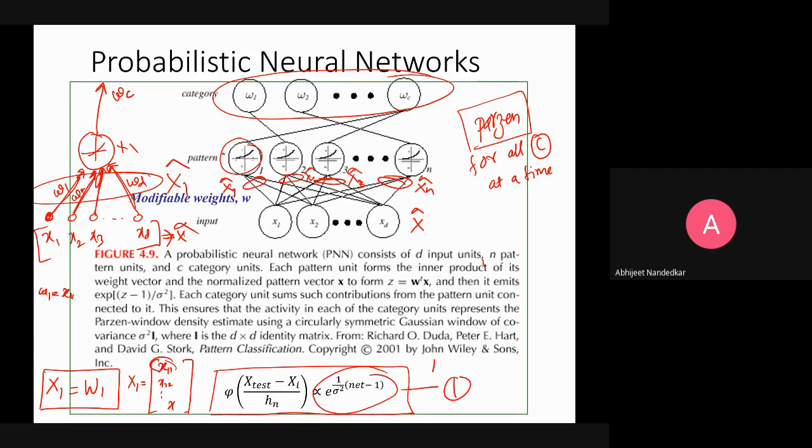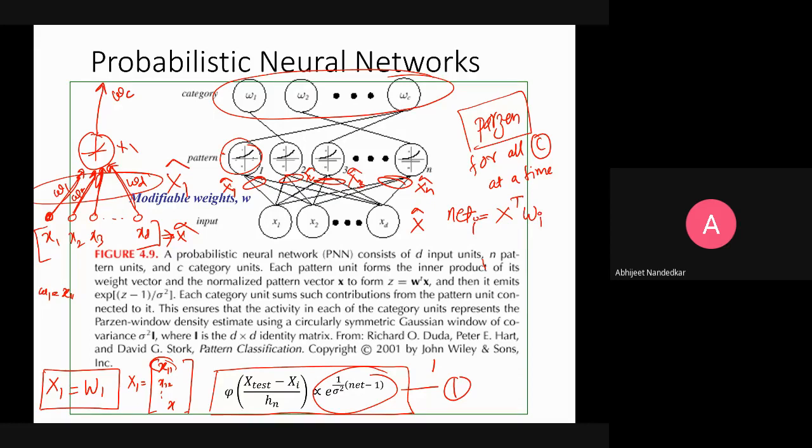Now what a neuron or what this pattern node receiving is called as net value. So this net value which is received at each pattern node is called as net, which we said that it will be X transpose Wi.